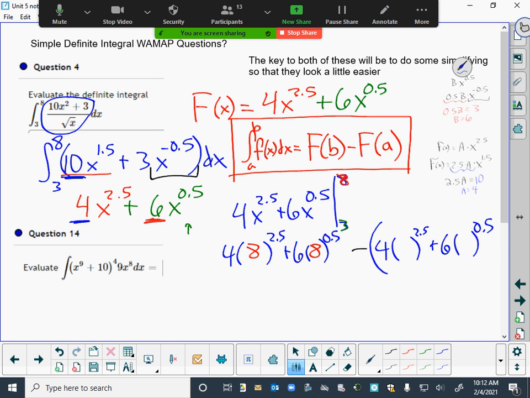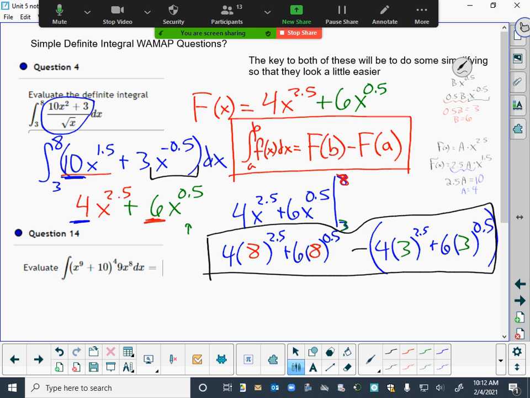And I need to make sure I put that in parentheses so I remember that that subtraction distributes through there. Okay. These are not numbers that are going to work out nice. 8 and 3 do not have nice square roots. So I'm going to have to type all this into my calculator to come up with an answer.